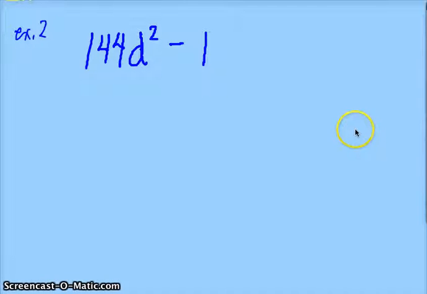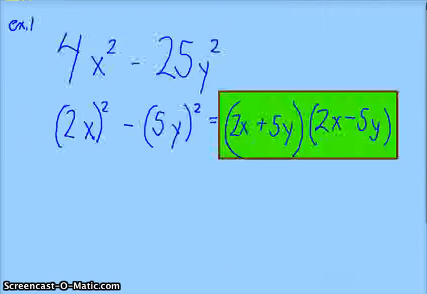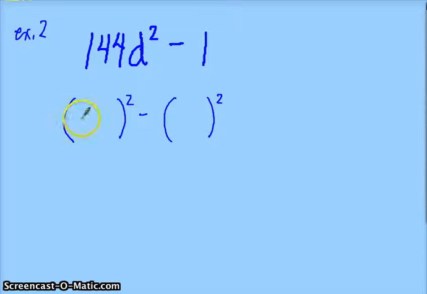Let's do another example. 144d squared minus 1. Maybe, again, this is the difference of squares. Maybe it's not. I don't know. But what we can do is see if we can rewrite this expression into something squared minus something squared. Again, hopefully you remember 144 is a perfect square, 12 times 12, right? So that helps us.